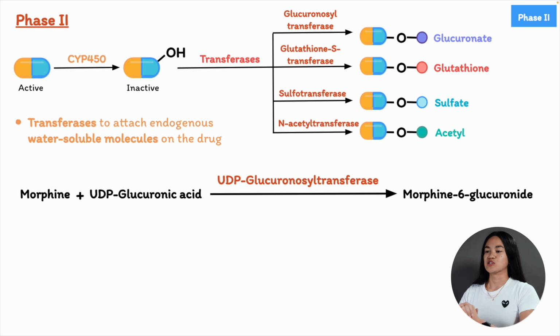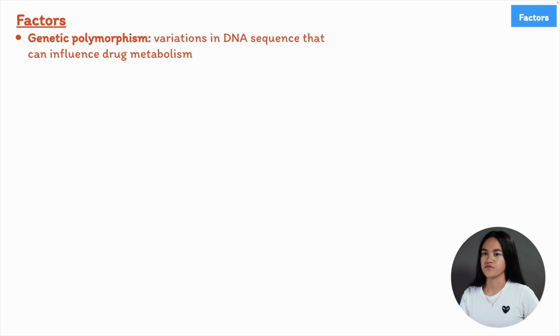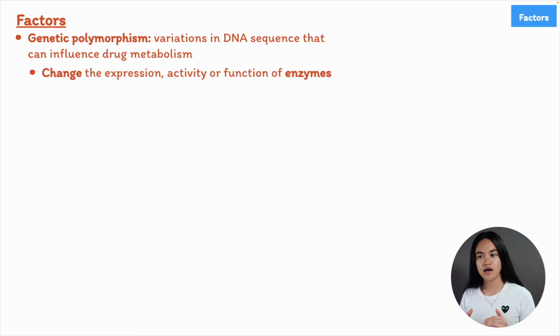Now what we're going to do is look at factors that influence drug metabolism. Earlier, we touched on genetic polymorphisms. Let's come back to it. These are variations in DNA sequence among individuals that can influence drug metabolism. These polymorphisms may change the expression, activity, or function of enzymes that break down drugs, which can cause drug responses to vary from person to person.